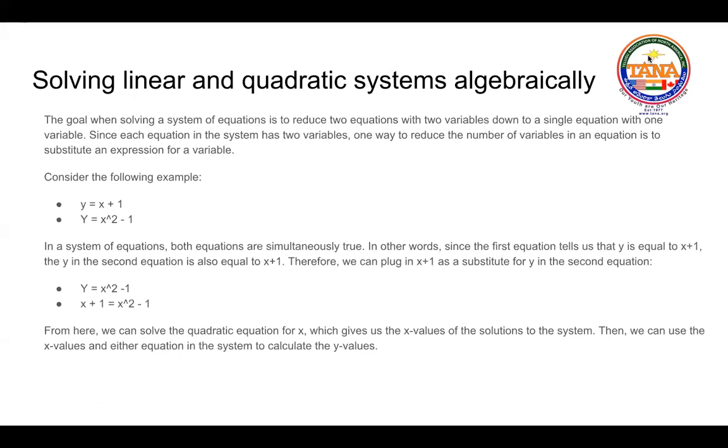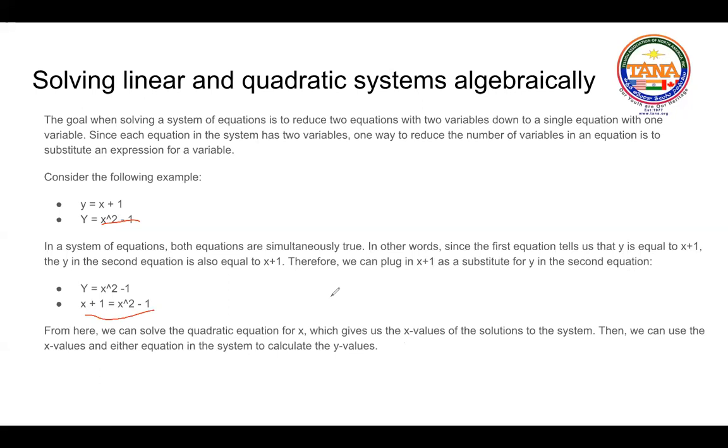The only difference between a linear systems problem and a linear and quadratic systems problem is that one of the equations is quadratic. In a system of equations, both equations are simultaneously true. In other words, one equation tells us that y is equal to x plus 1, and the y in the second equation is also equal to x plus 1. Therefore, we can plug in x plus 1 as a substitute for y in the second equation, as shown right here.